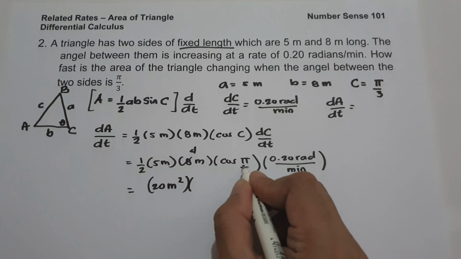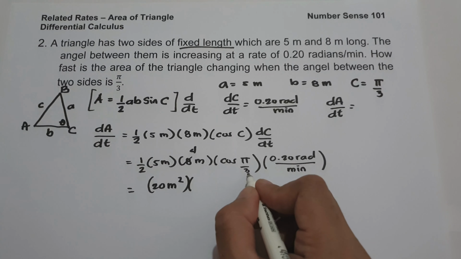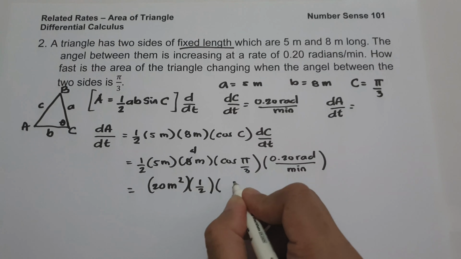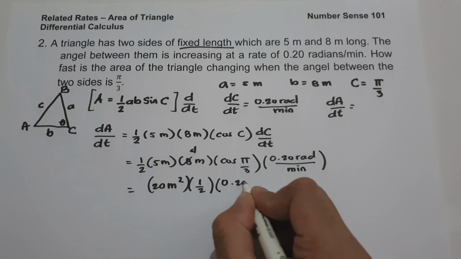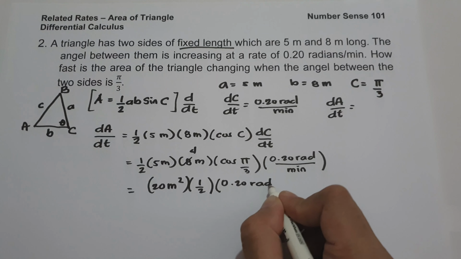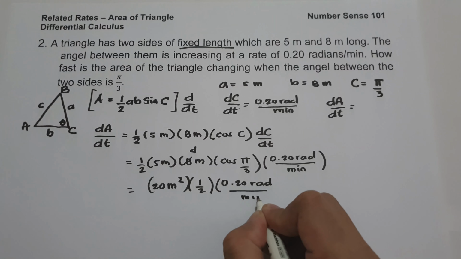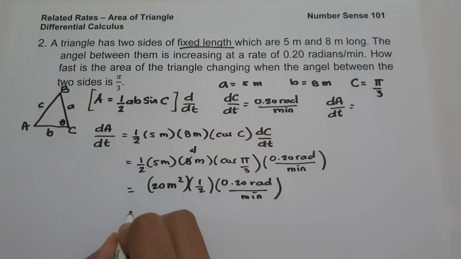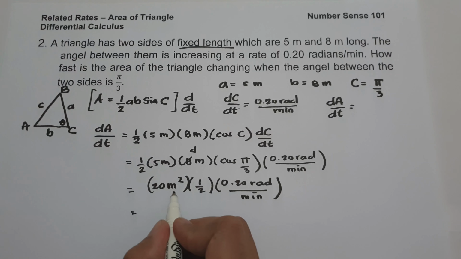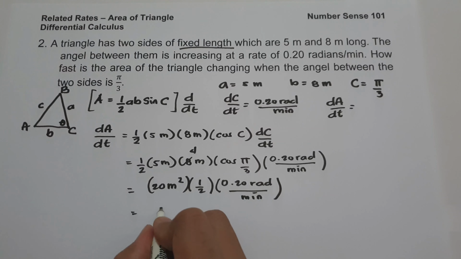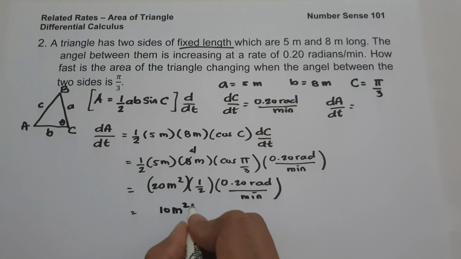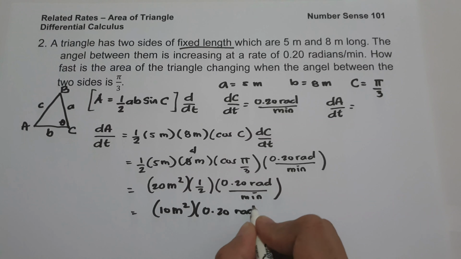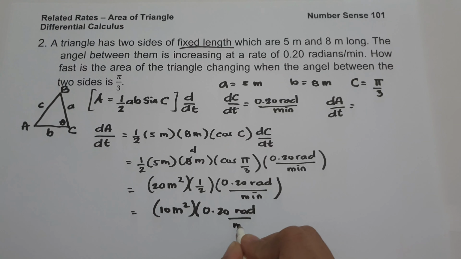And then cosine pi over 3 is 1/2, and then we have 0.20 radians per minute. 20 square meters multiplied by 1/2 is 10 square meters, multiplied by 0.20 radians per minute.